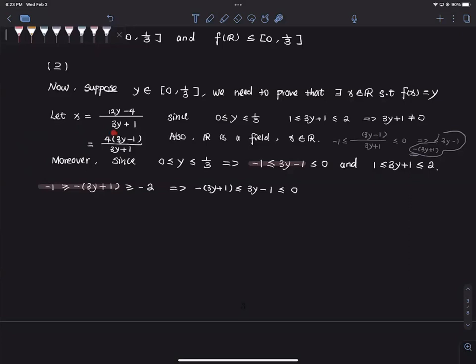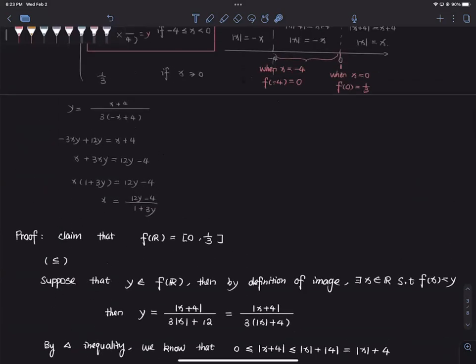We find this from the rough work, remember? We found this from here. But now I need to plug it back in. But f of x has lots of absolute value here, which is hard to get rid of.